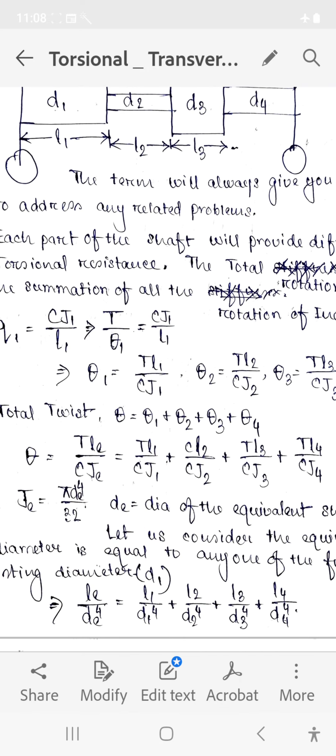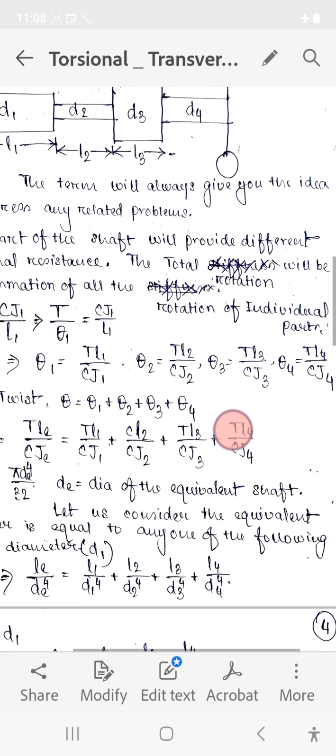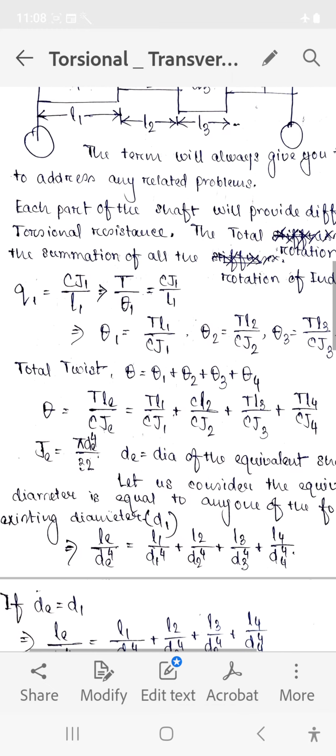I am adding all these angles, theta 1, theta 2, theta 3 and theta 4, so this relation has come. Now you see T is the same throughout, C is also getting cancelled out. So LE by JE, where JE is nothing but pi d to the power 4 by 32. So pi by 32 is also getting cancelled out from all the terms.